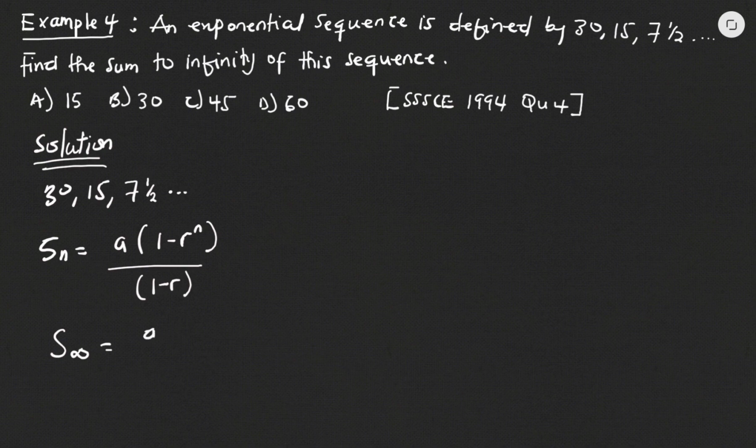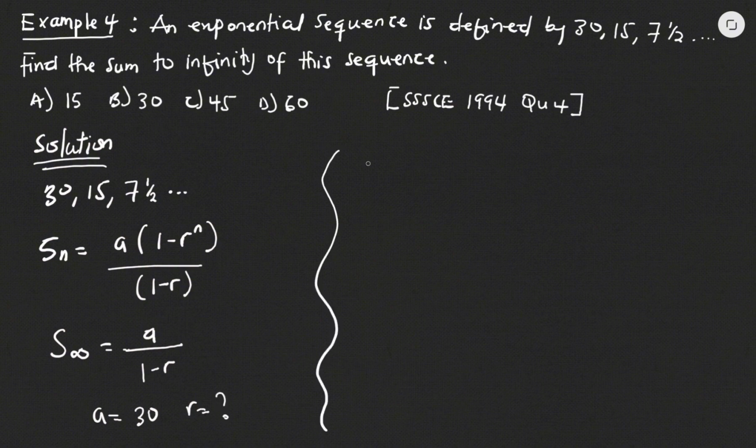So we have a at the top over 1 minus r, and this becomes the formula we'll use to find our sum to infinity. Now our first term, which is our a, is 30 from what is given to us, and then our r, which is the ratio, we don't know, so we find the r.